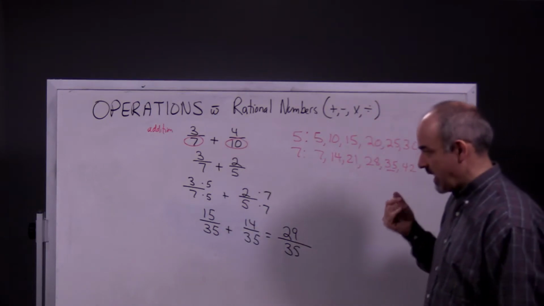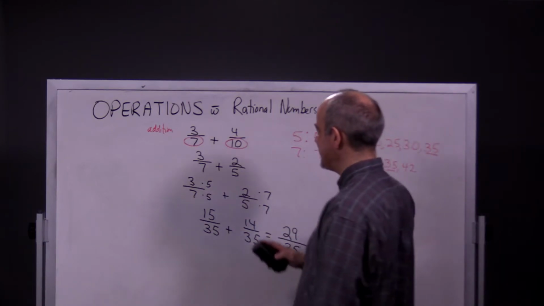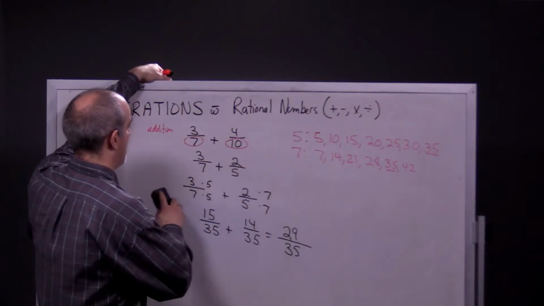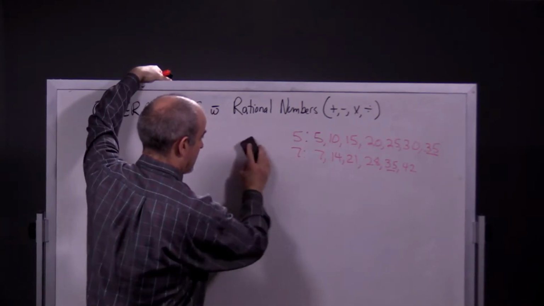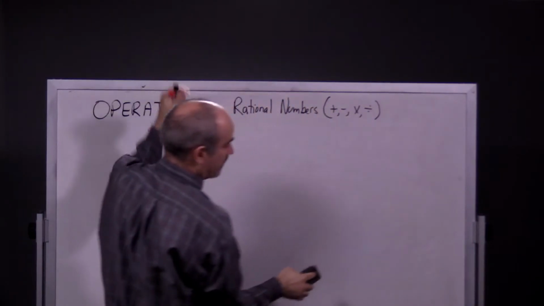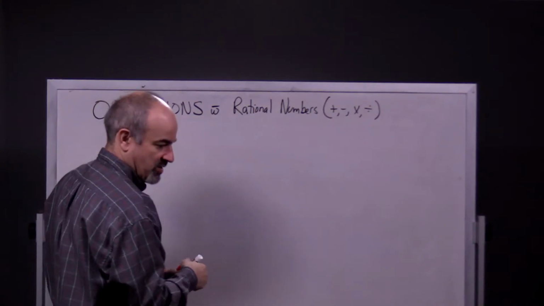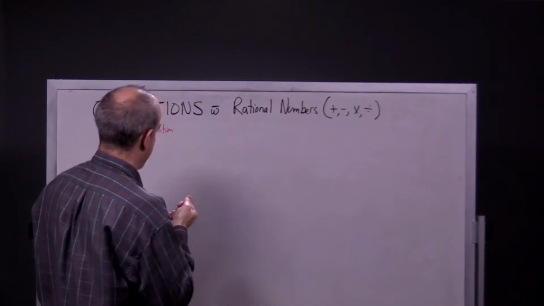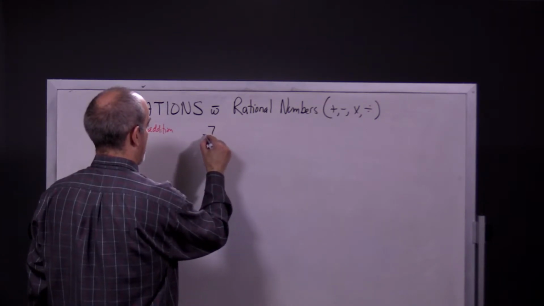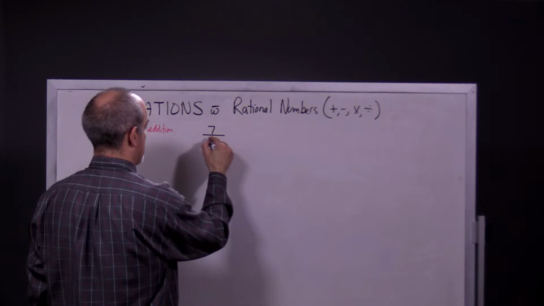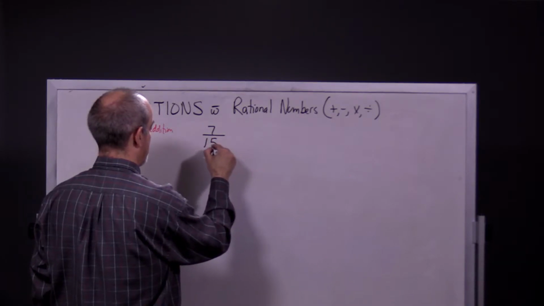Alright, so for subtraction, I can use the same. Now I want to use different numbers because I want to find the least common multiple again. So I should have my calculator out and have it give me random numbers, but let's see. 7 over 15.